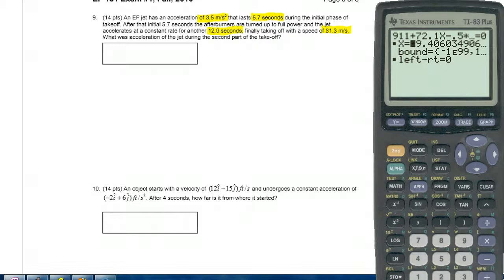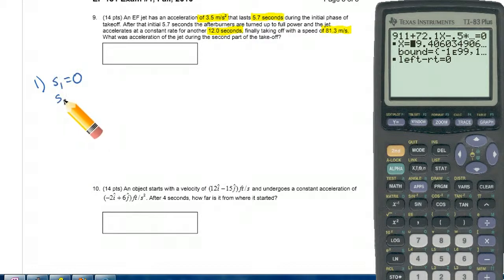So this should remind you of problems that we worked in two parts. So we will have to use two constant acceleration equations. Let's work the first one. So here's part one. I'm going to say we start at the origin.